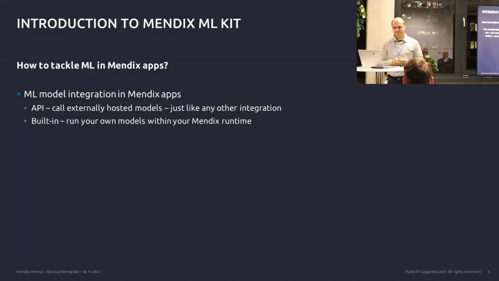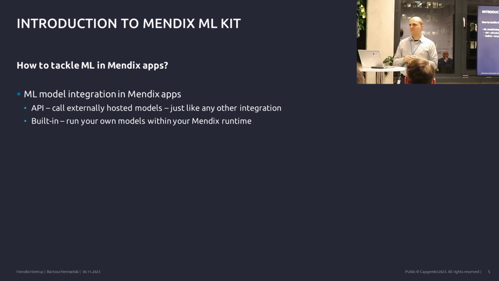So MLKit, how to tackle machine learning within Mendix. You have two ways. Either you can call an API to an externally hosted service, which is easy peasy, lemon squeezy, you all do that, right? It's a REST API, SOAP, you name it. You can do it yourself probably. Most of you can, if not all. But then the interesting thing is the built-in part.